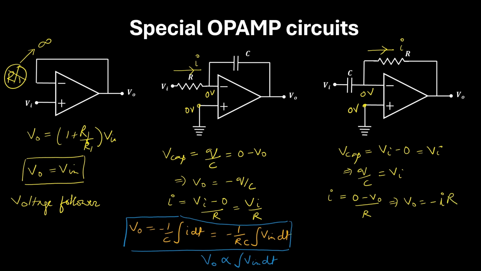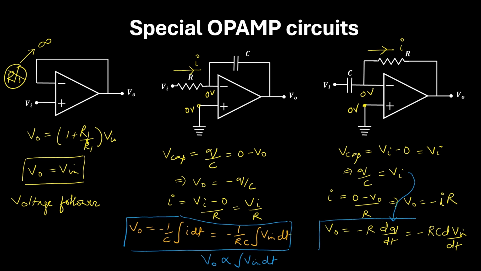Now I can be written in terms of Q. The expression I we can write as dQ by dt. So if I substitute Q from this expression, then I can get minus of RC and the derivative of input with respect to time.